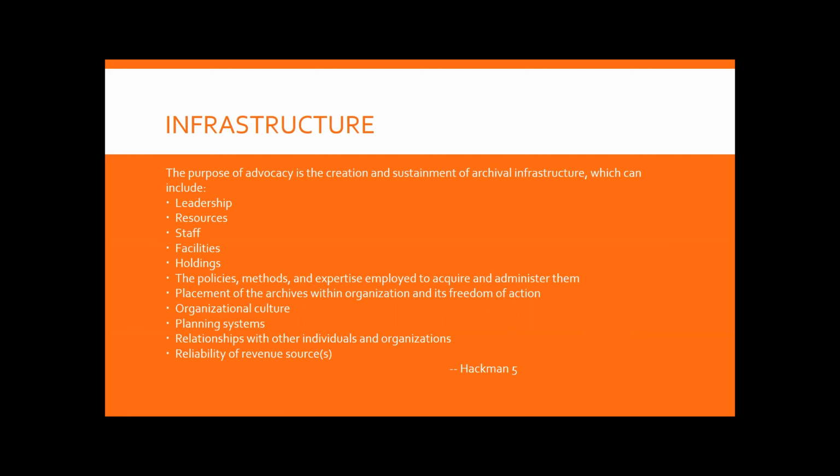So again, leadership, resources, staff, facilities, holdings, policies, placement of the archives, which, as you know, is something that I really like to focus on and will focus on in just a little bit. Organizational culture, planning systems, relationships, which is another one that I've touched on that I think is overlooked and can be really important, and reliability of revenue sources.